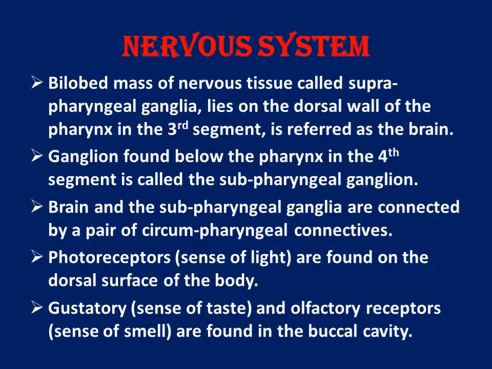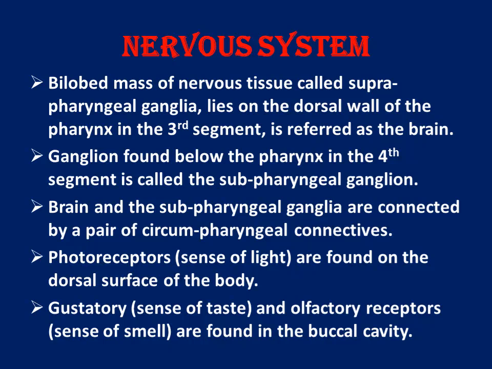Nervous system. A bilobed mass of nervous tissue is called the suprapharyngeal ganglia. So it lies in the pharynx in the third segment, that is the brain. And the ganglion found below the pharynx, in the fourth segment, is called the subpharyngeal ganglion. The brain and the subpharyngeal ganglion are connected by circumpharyngeal connectives.